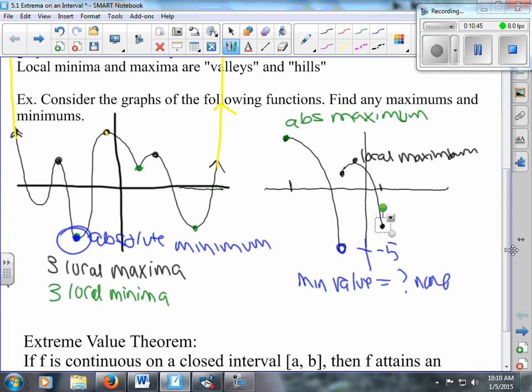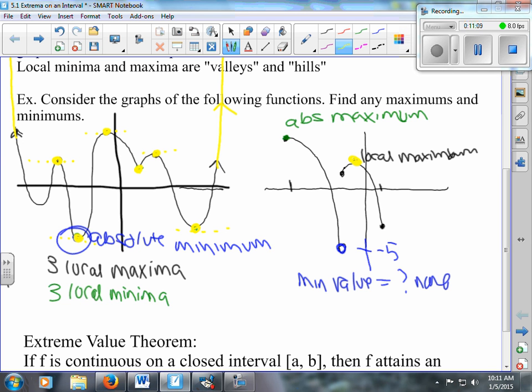In this very first example, I want you to look at the points that I hit that were locals. There's something significant about each of these points, which were locals. What's significant there is that these were the tops of mountains or the bottoms of valleys.